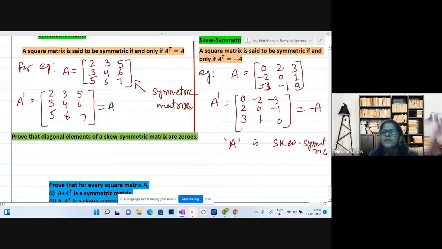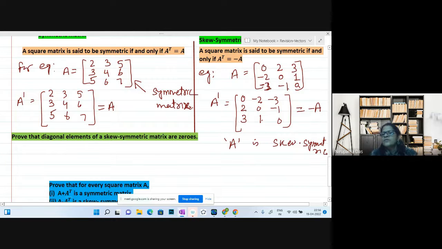It means the corresponding elements of the upper and lower diagonal are of opposite sign. If 2 here, it is minus 2; 3, minus 3; 1, minus 1. So that we get A transpose equals minus A.